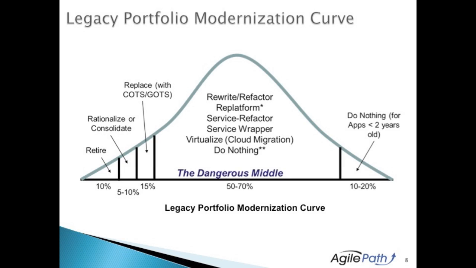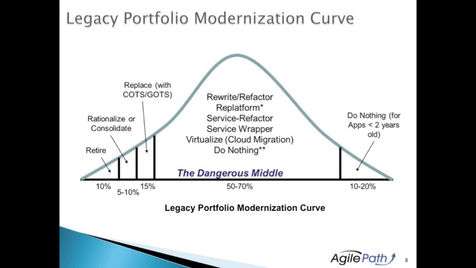But if you look at the legacy portfolio curve, you can take this legacy portfolio of yours and break it into the following buckets. You can look at a slice of the portfolio through analysis that basically would lead you to a decision to retire something right away because it fits a profile of none or very few customers, and that's something you can turn off right now.